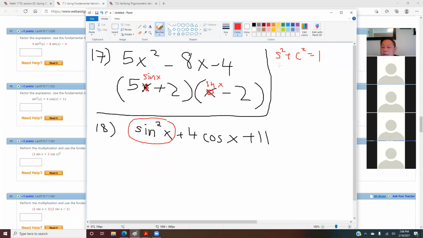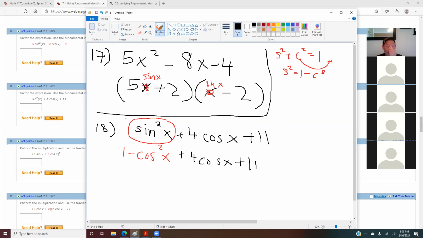We just move the cosine square over. So what is sine square? Sine square is 1 minus cosine squared. So this sine square will be replaced by 1 minus cosine square x. And then the rest, you just rewrite it: plus 4 cosine x plus 11.